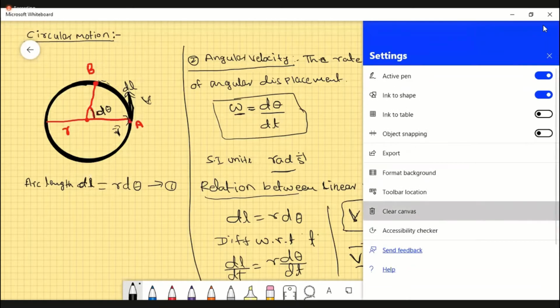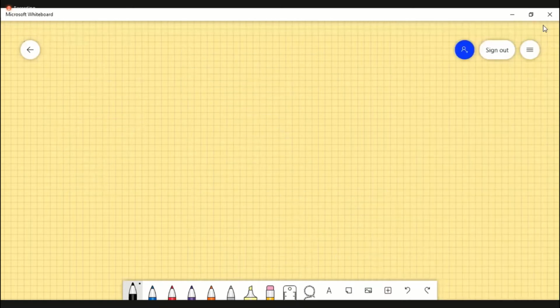Next, angular acceleration. Sir, radians has no dimensions, no? No. That is a plane angle. Radians and solid angle.